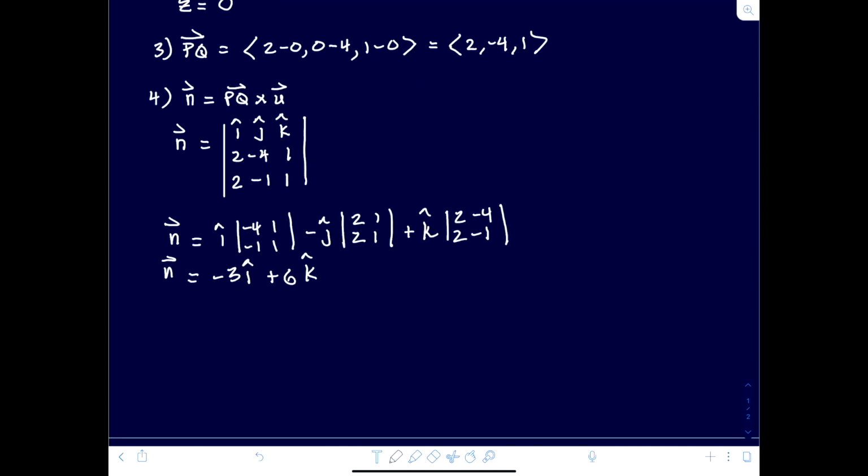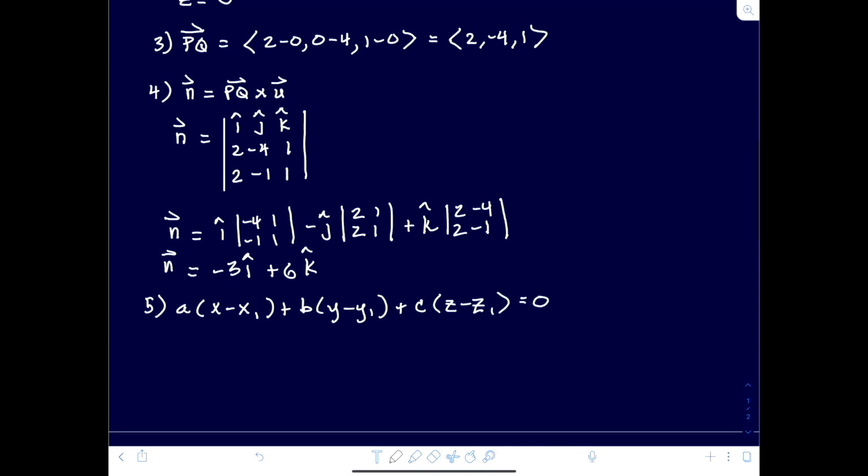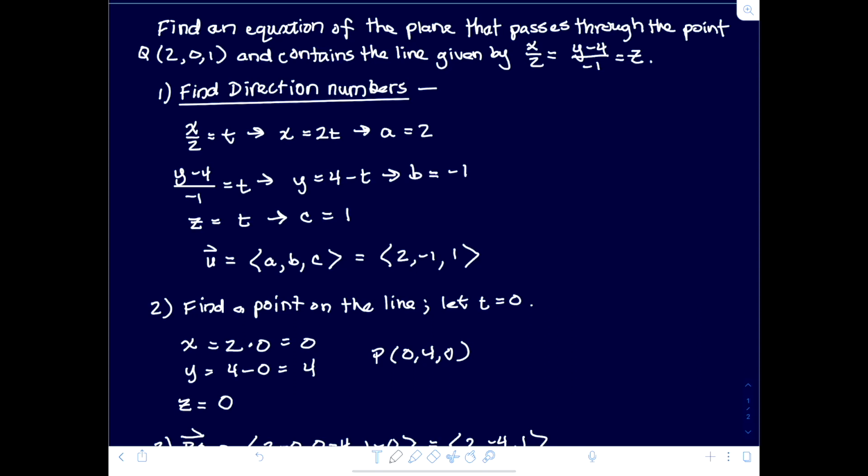So all we need to do is take that general equation. This is our fifth step. We're going to use the standard form for a plane: a times (x minus x1) plus b times (y minus y1) plus c times (z minus z1) is equal to 0. In the first step, we found the direction numbers for the line.